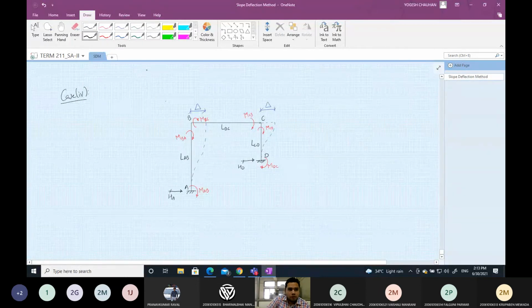Now this time this frame is subjected to a UDL on segment CD. Let the intensity of this be W. Now because of this UDL, this frame will tend to sway.